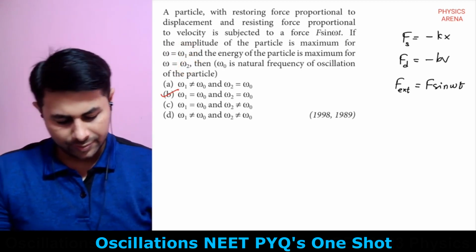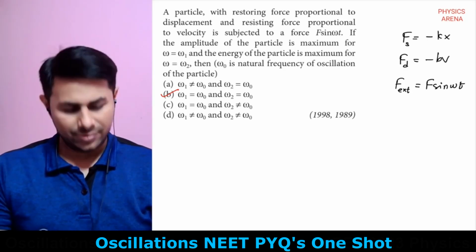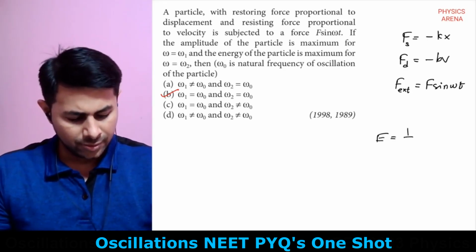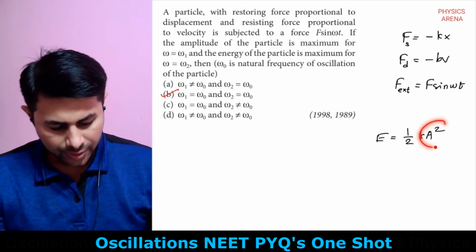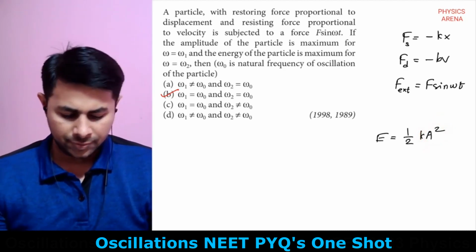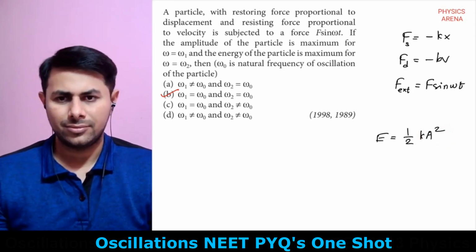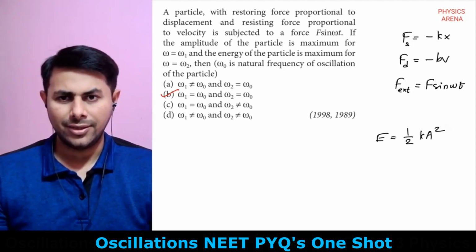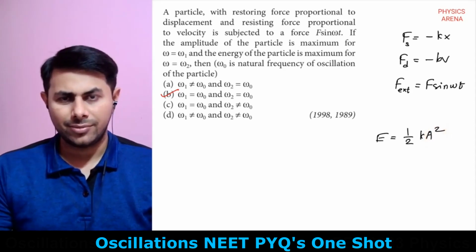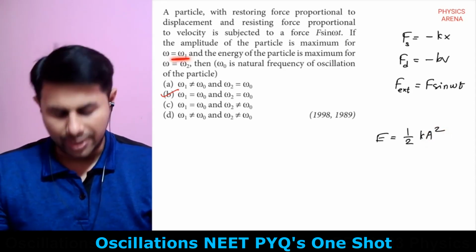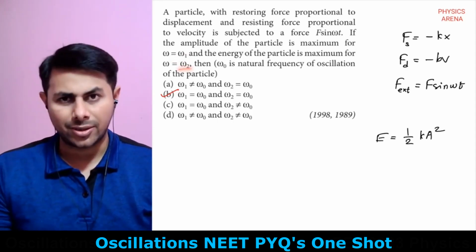So what is energy? What is energy in SHM? Half of k A square. Sorry. So when amplitude is maximum, then only energy will be maximum, right? Amplitude is maximum at omega 1, and energy is maximum at omega 2.